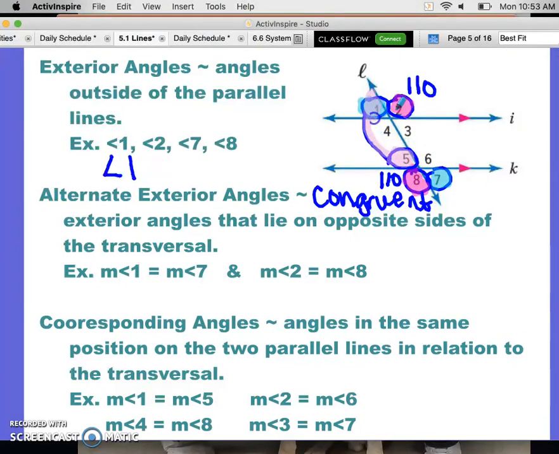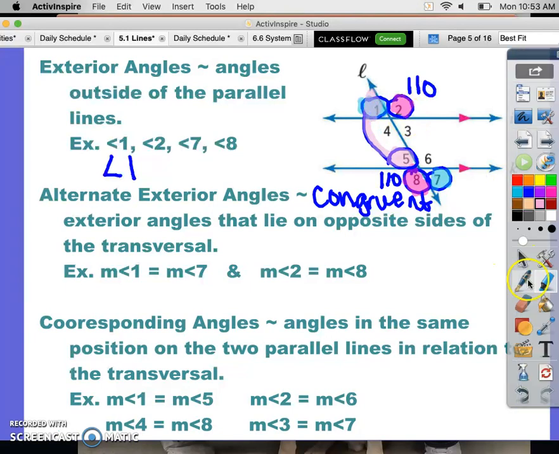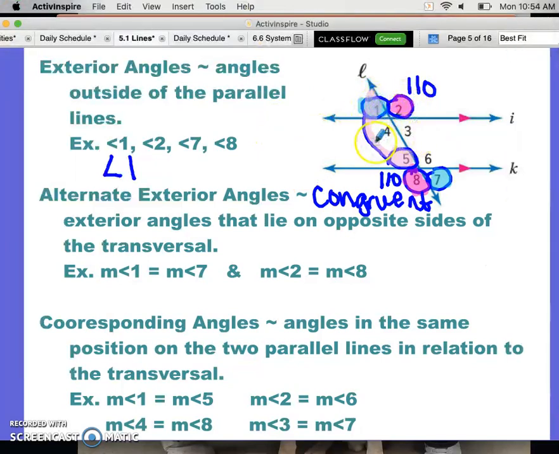Okay, what's another pair of corresponding angles? They're in that same relative position. So if I start here, it's 1, 2, 3, 4. So what's the second one in this one? 6. So 2 and 6 would be corresponding angles. 4 and 8, 3 and 7.